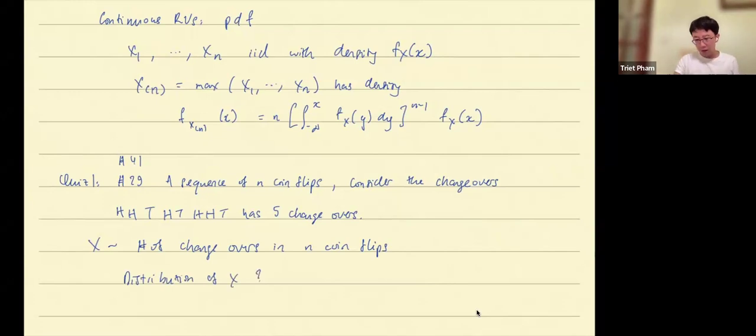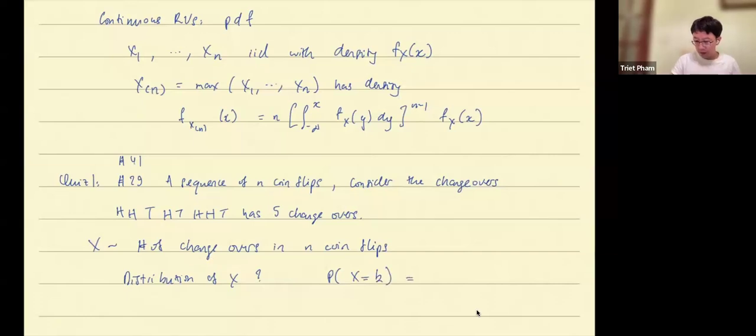Of course, this is a general question. When you ask for the distribution of a random variable, what can you be referring to? Well, this is a discrete random variable, so you could be referring to the probability that the random variable will take on some particular value.